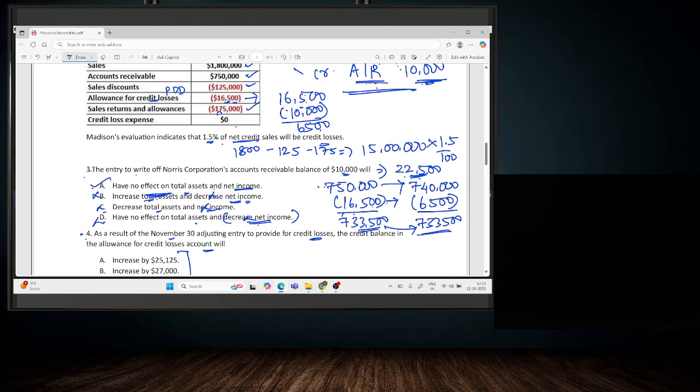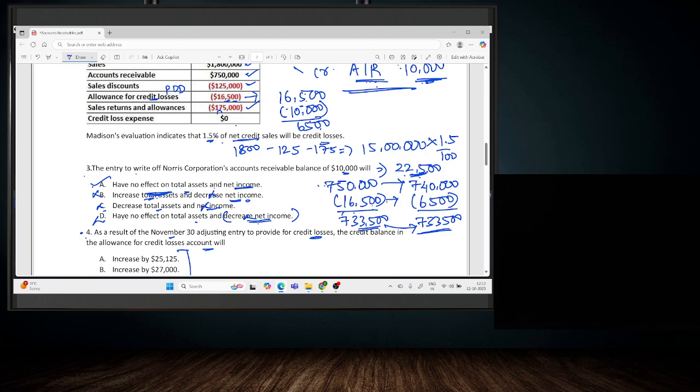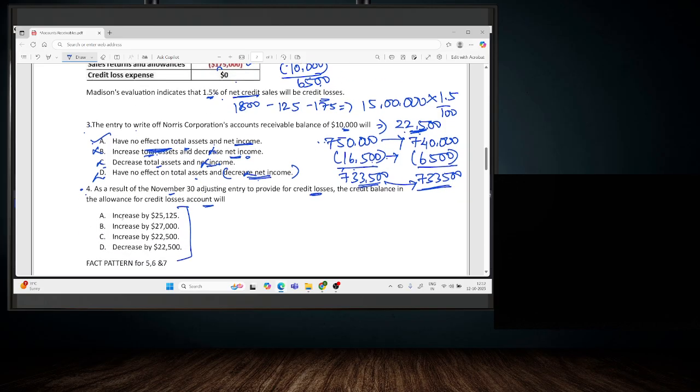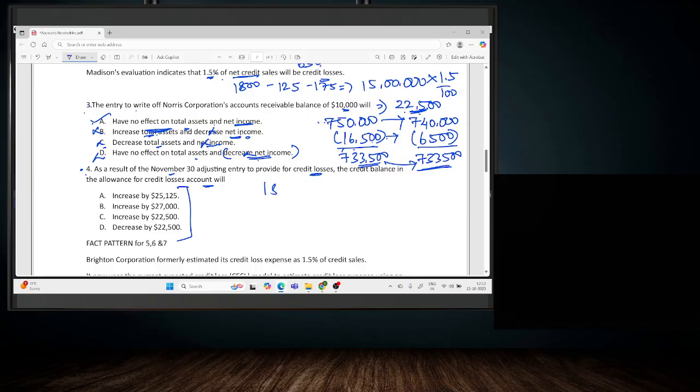Listen, the question clearly says Madison's evaluation indicates that 1.5% of credit sales will be credit losses. What is the credit sale of the company? Total credit sales is 18 lakh, out of which we gave a discount of 1,25,000 and 1,75,000 as sales return. So net credit sales is only 15 lakh, on which we are expecting 1.5% will be bad debt.